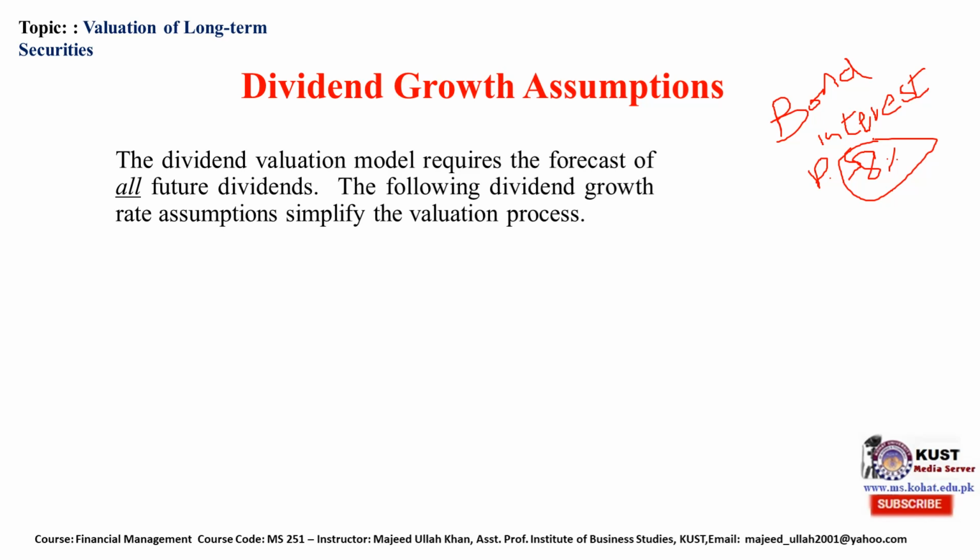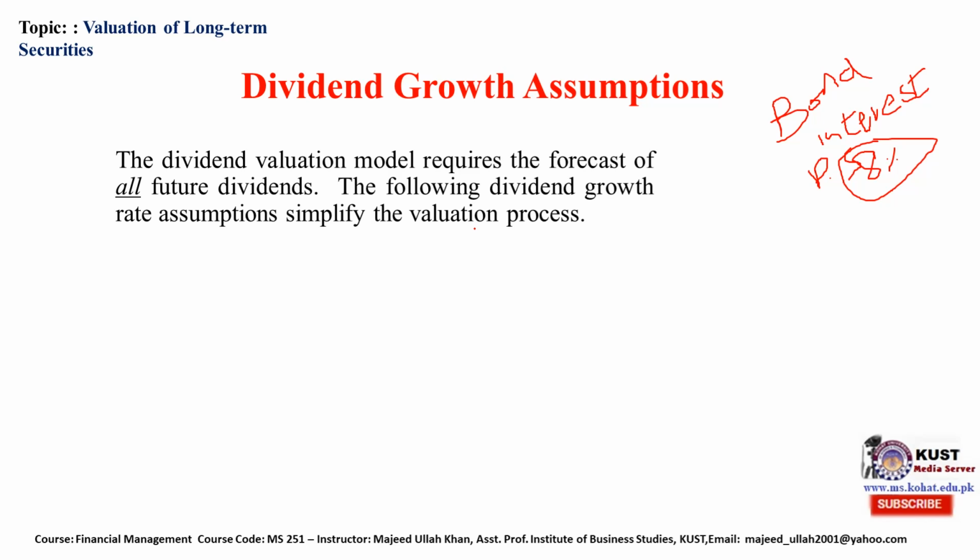But in the case of common shares, it is totally the prerogative of the board of directors, who will approve the dividend for the common share in each annual general meeting. And the company may maintain a growth rate, meaning in the first year it may be $2 per share, in the second year it may be $2.5 per share.